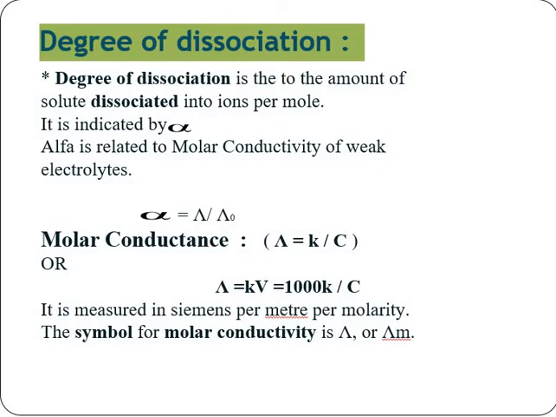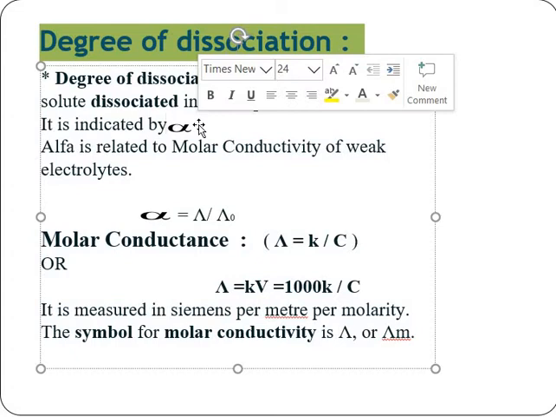This point is actually applicable for weak acids and weak bases because weak acids and weak bases do not dissociate completely into aqueous solution. So, how can you define degree of dissociation? It is the ratio of the number of moles dissociated to the total number of moles. Or you can say degree of dissociation is the amount of solute dissociated into ions per mole, and it is indicated by alpha.